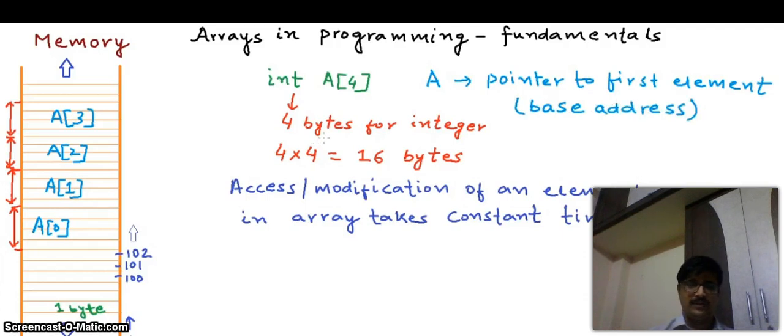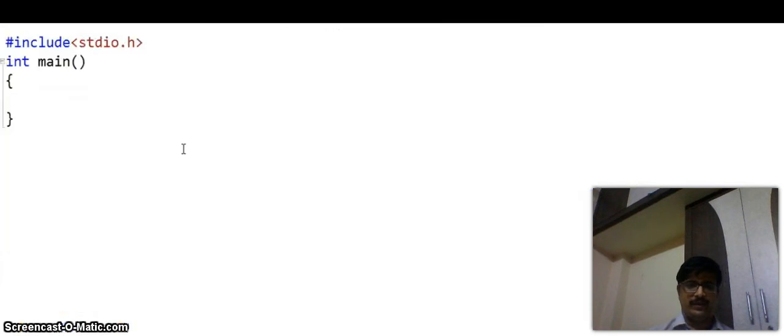a real program. So let's go to a compiler and write some code. Okay, so I will write a simple C program here. What I will do is declare an array a of size 4, an integer array, and as I told you earlier, a is nothing but a pointer to the first element in the array.